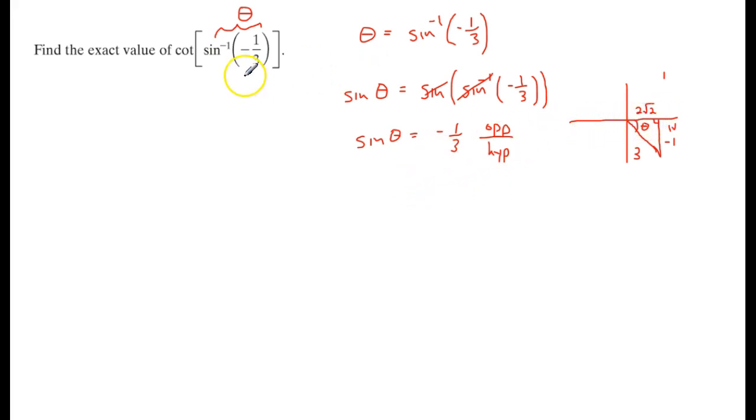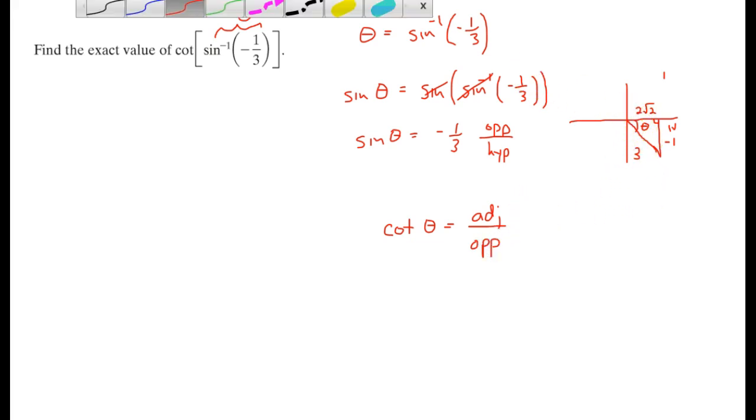Why do I need that third side? Because this is now cotangent. What's cotangent defined to be? Cotangent is the reciprocal of tangent. Tangent's opposite over adjacent, so cotangent is adjacent over opposite. The adjacent side is the side that touches the angle that's not the hypotenuse. So there's the adjacent side.